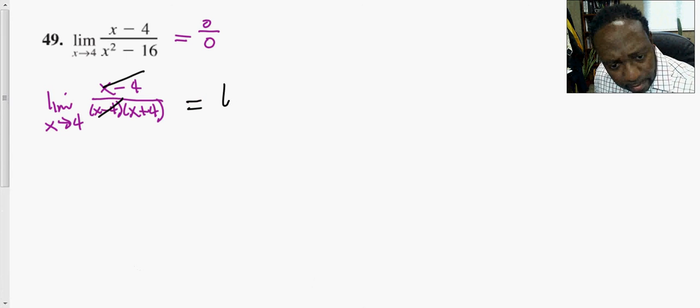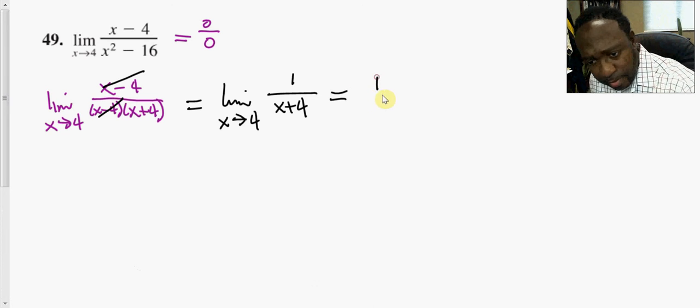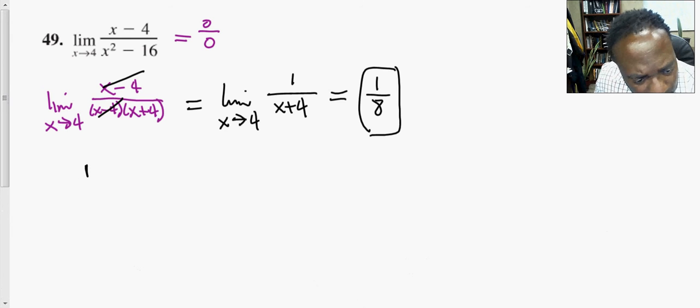We have left the limit as x approaches 4 of 1 all over x plus 4, and we just get 1 over 8. So indeed it was discontinuous at x equal to 4, but we removed that discontinuity. So we call this a removable discontinuity.